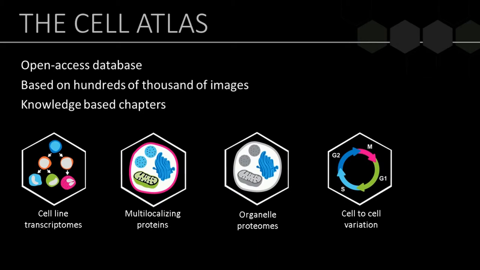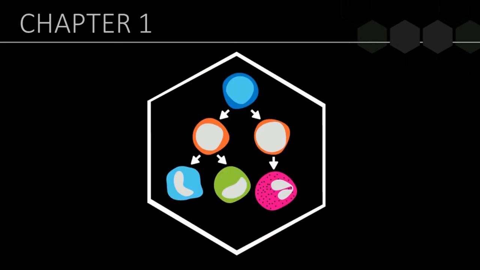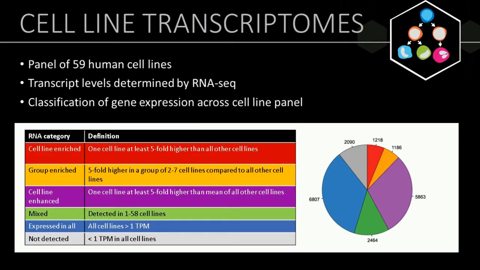So the first chapter is the cell line transcriptomes. In the Cell Atlas, we have a panel of 59 human cell lines where we've determined the gene expression by RNA sequencing, and we've classified the patterns of gene expression across the cell line panel into different categories. I think the most interesting category is the red one, the cell line enriched genes.